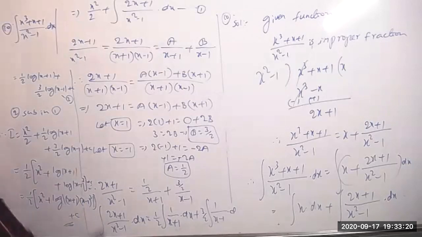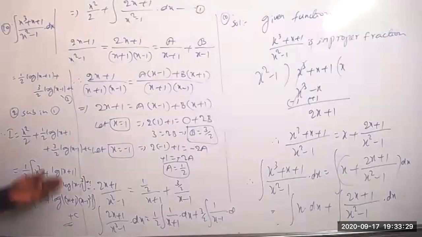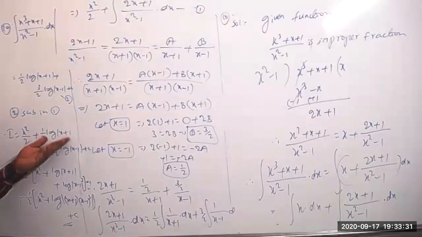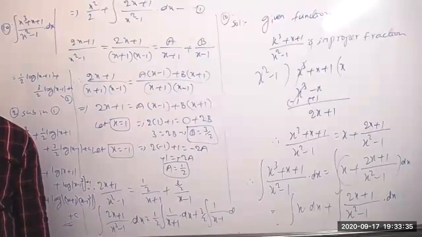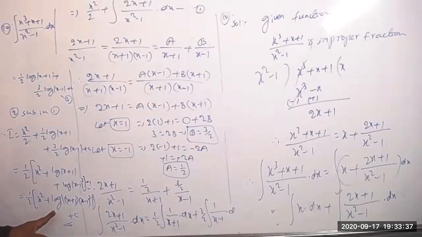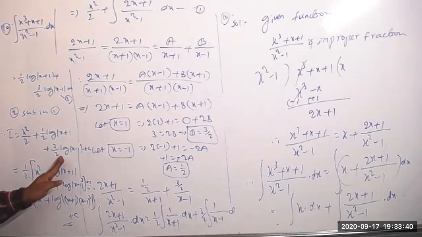Or else you can stop here. Not a problem. You can stop the procedure up to here and you will get full marks only. I simplified the last two steps, but it's not required. If you want you can write it, or else you can stop here.